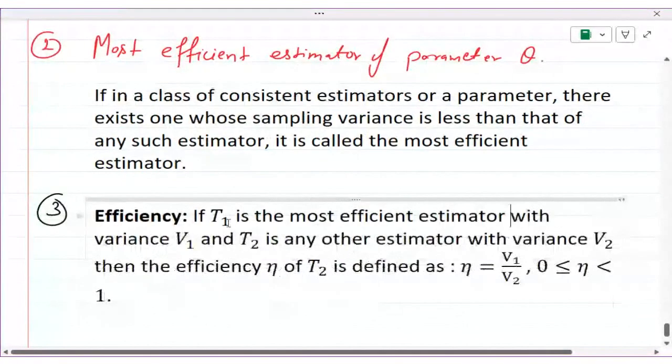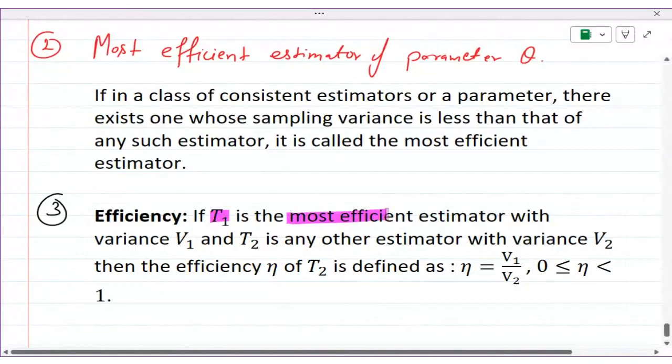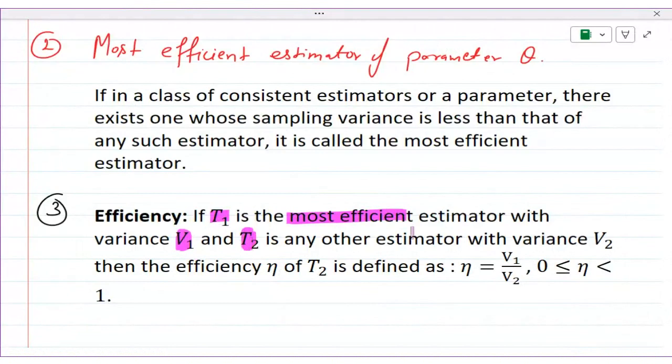Let us say T1 is the most efficient and it has variance V1, and T2 is some other estimator with variance V2. If I want to find the efficiency of T2, I divide the variance of the most efficient estimator by the variance of T2. So we have to do it in reverse.